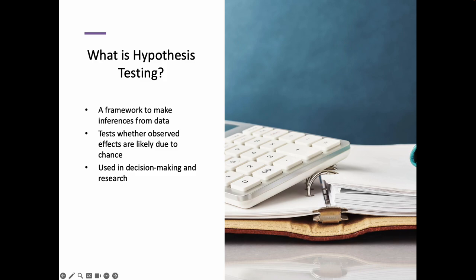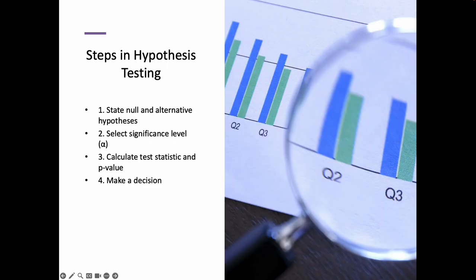For example, in economics, we might use hypothesis testing to determine if a new policy has a statistically significant effect on unemployment rates, or if there's a real difference in wages between genders. In order to do hypothesis testing, we follow several steps. First of all, we state the null and alternative hypotheses.